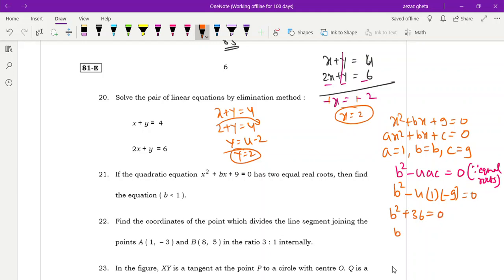So b, what they ask, two equal roots. Find the equation. b is less than 1. Yes, b is less than 1. b square is equal to minus 36. And this is not possible, right? So there is no real root here.